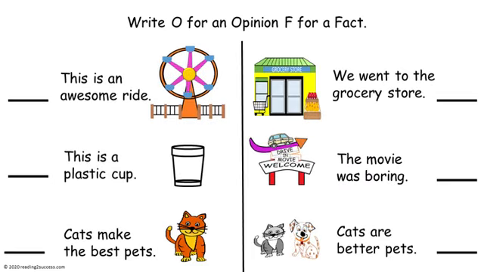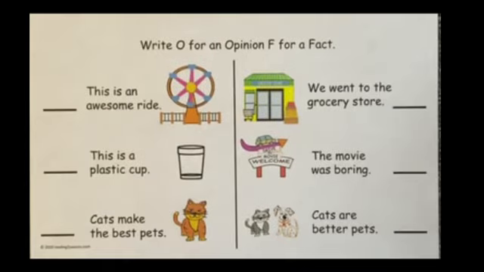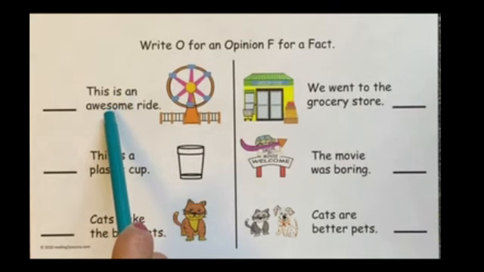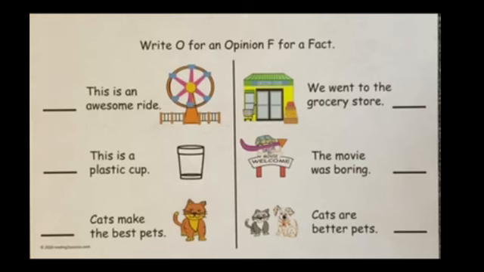This is the template for the next activity. Now we're going to have kids write an O for opinion and an F for fact next to each sentence. So let's look at our first one. This is an awesome ride. Our adjective is awesome.